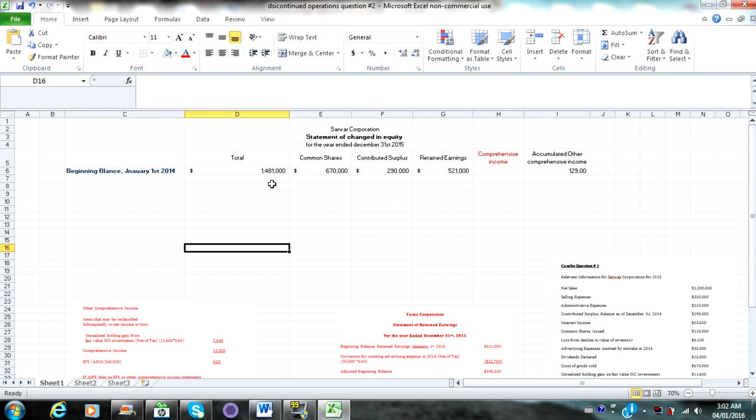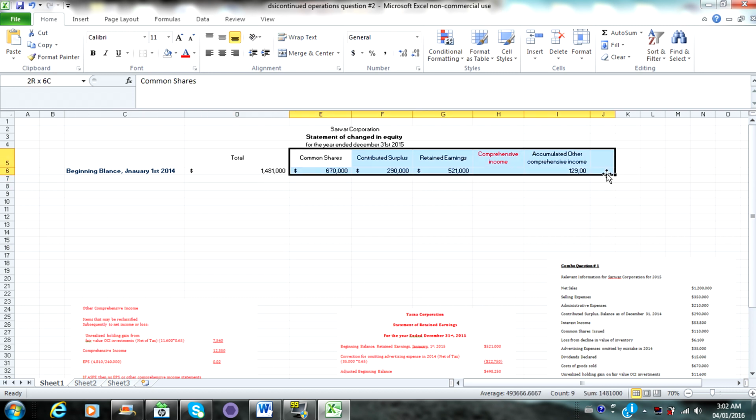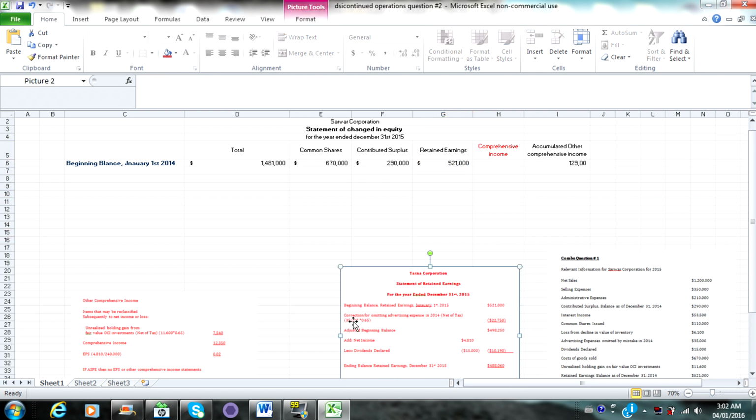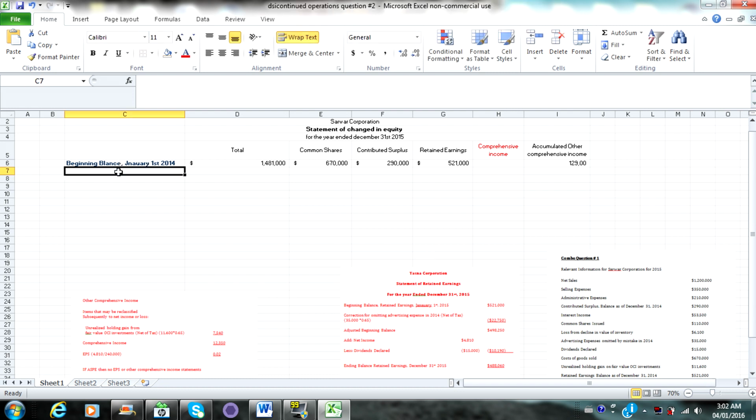Usually, we don't make any adjustments to any of the other ones except for retained earnings. Notice how on the statement of retained earnings, we had a correction for omitted advertising expense. Well, we're going to include that here: correction for omitted advertising expense.